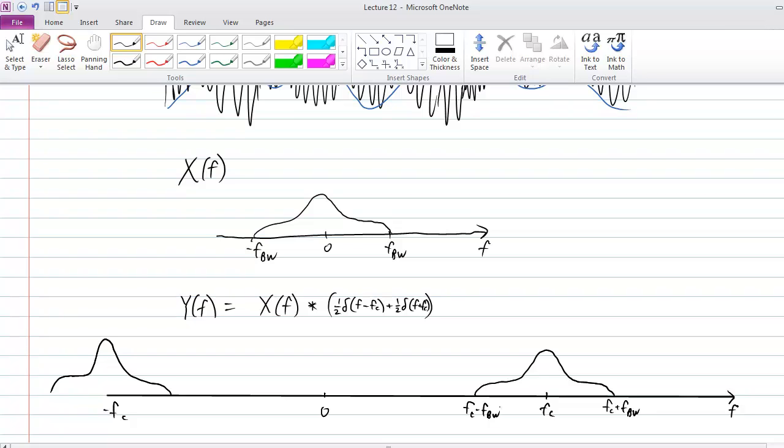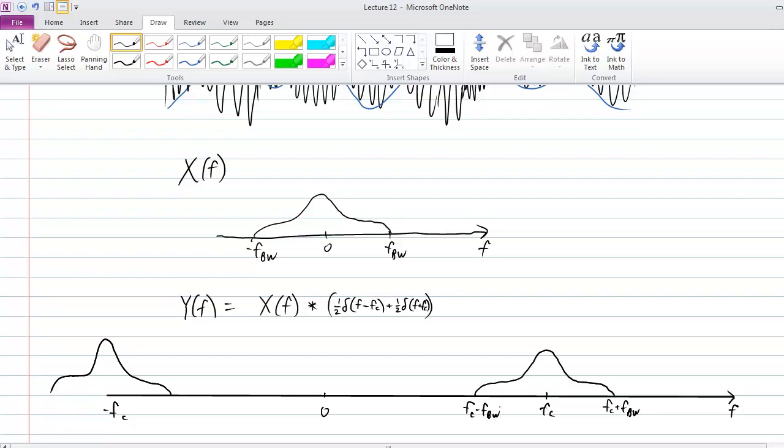Now imagine that the bandwidth of your signal is something around 20 kilohertz. That's sound, right? You don't hear well above 20 kilohertz. And let's say that the carrier frequency is like 100 megahertz. Then this is so much bigger than this, on the order of 1,000, 10,000.